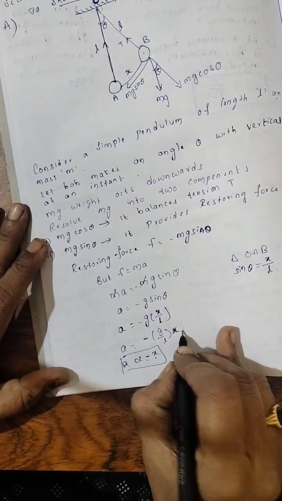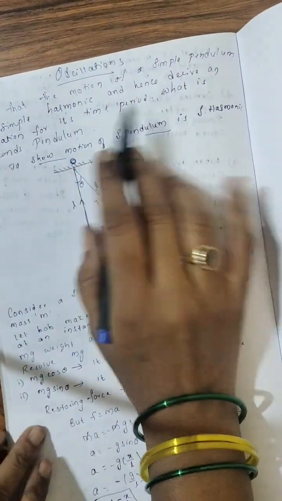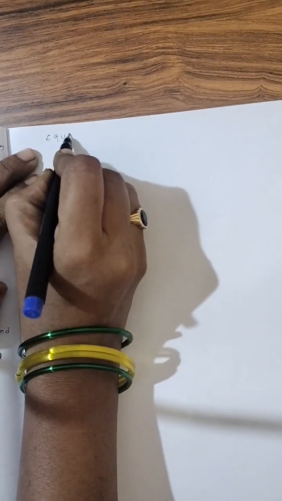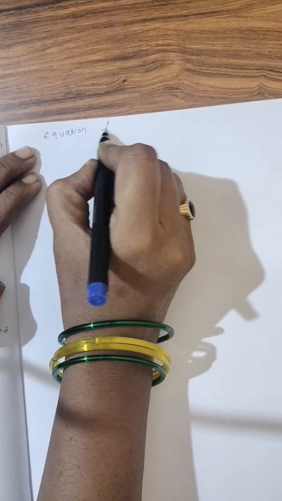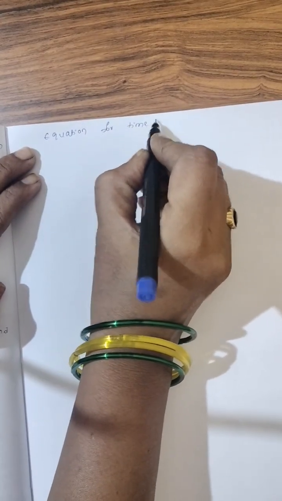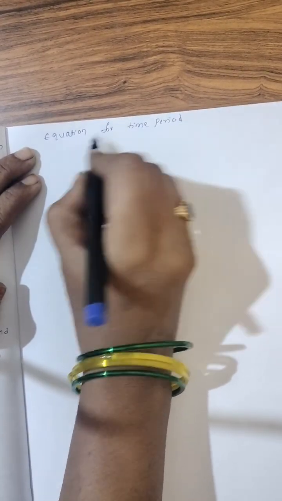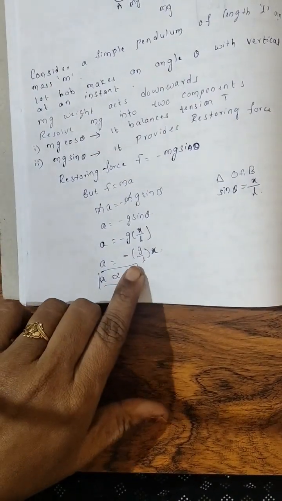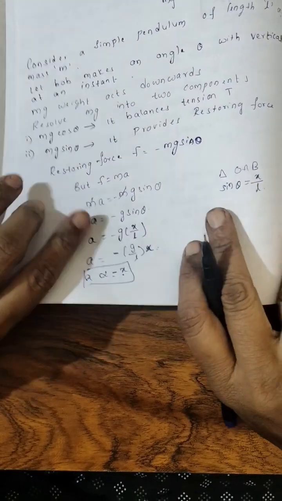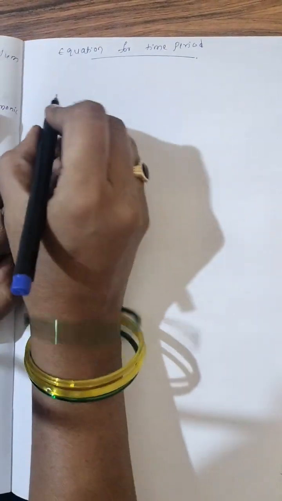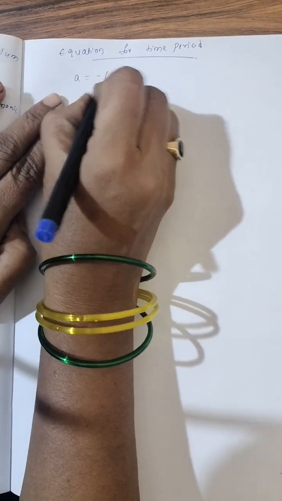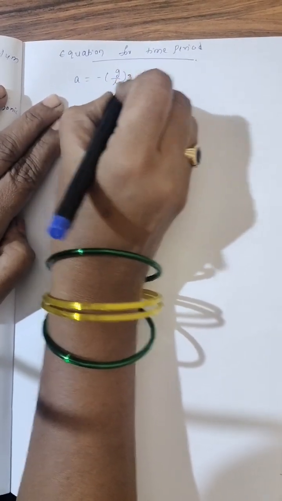Now the next part is to derive an equation for its time period. Here we got a equals minus g by L x. Let us write that as equation 1: a equals minus g by L x.